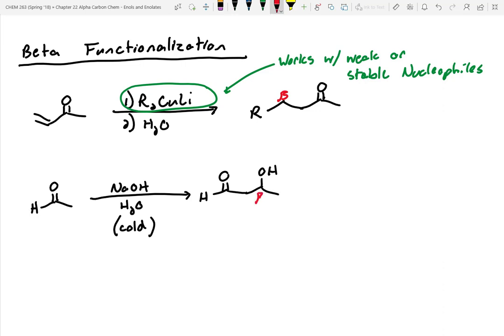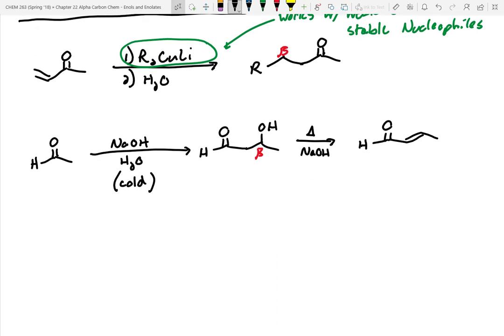So again, we're functionalizing this beta position right here. And then what happens if we crank up the heat on this? Yeah, we're going to get an alpha beta unsaturated position. So both of these are technically beta functionalized.